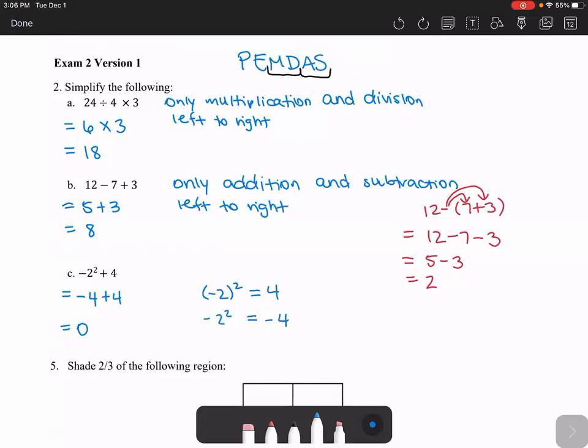So are there any questions on simplifying these 3 or simplifying in general?